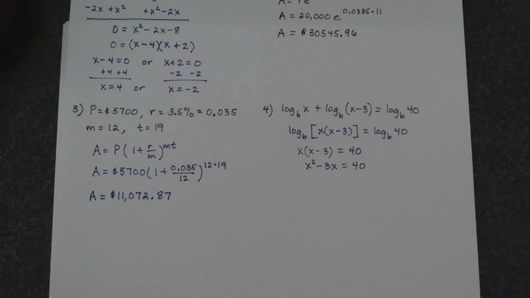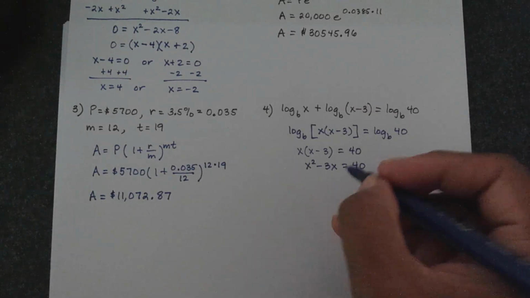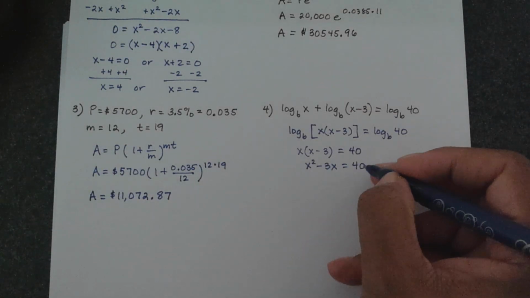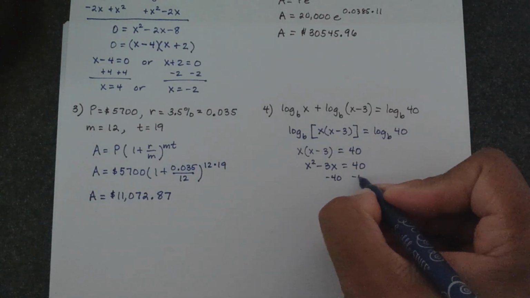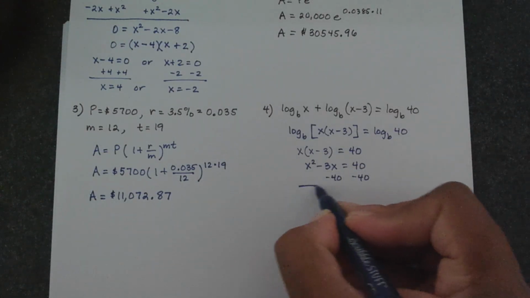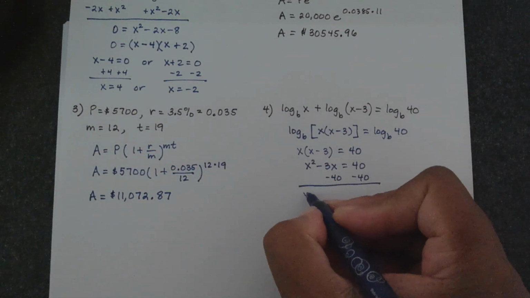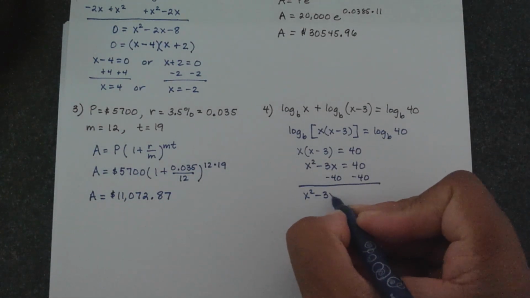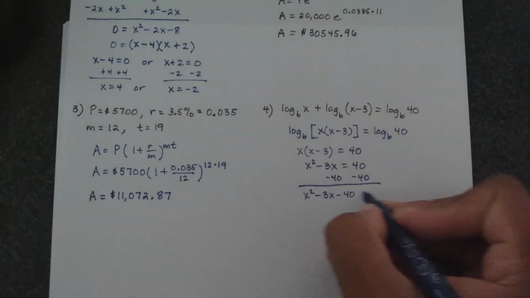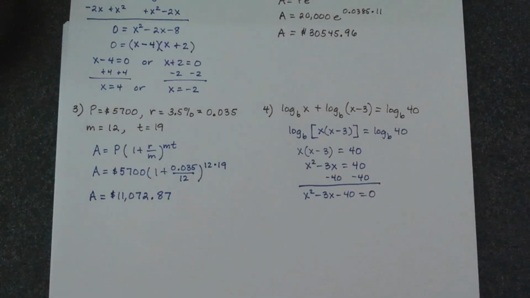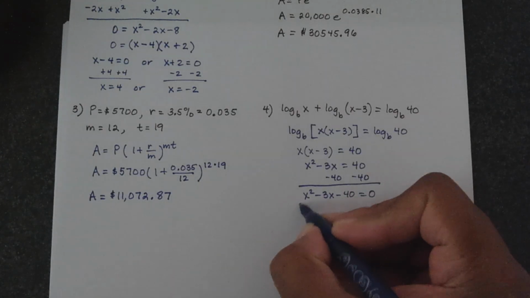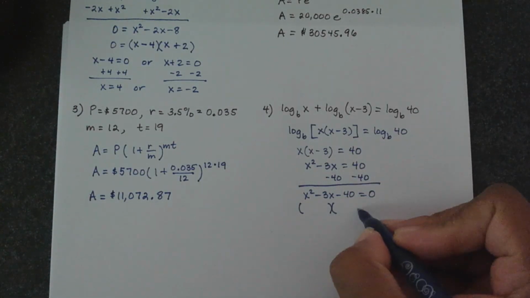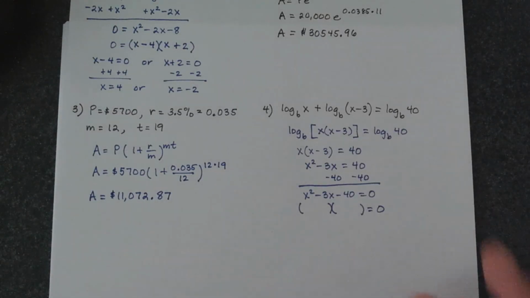Now, since I have a quadratic equation, I need to get a 0 on one side of this equation. So I need to move the 40 over to where x squared minus 3x is by subtracting 40 on both sides. So that means I have x squared minus 3x minus 40 equal to 0. And on the left side, I'll go ahead and factor into two binomials.